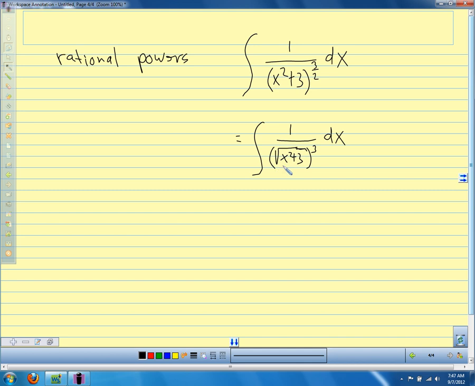And now we have this square root of x squared plus 3, which suggests our trig substitution. I'm just going to draw the triangle. I'm not going to go through the entire integral.